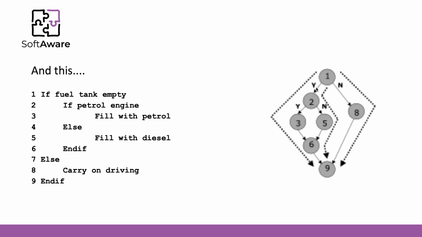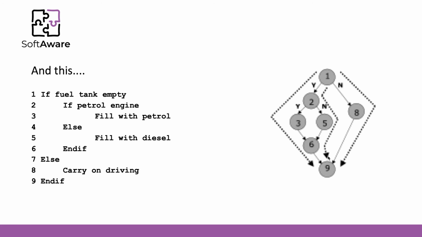That will lead us to this yes branch. Then we can say that we have a petrol engine, and then we are guided to this yes branch of line number 2, okay? And then the statement number 3 gets executed. Then we end the decision, and then we end the first decision.